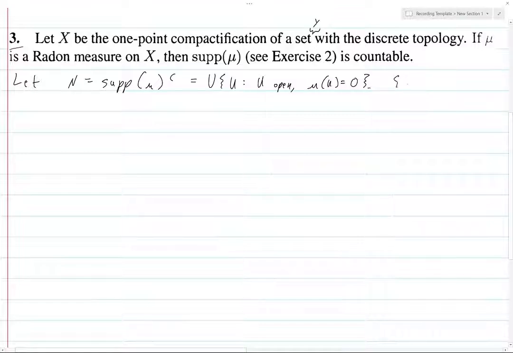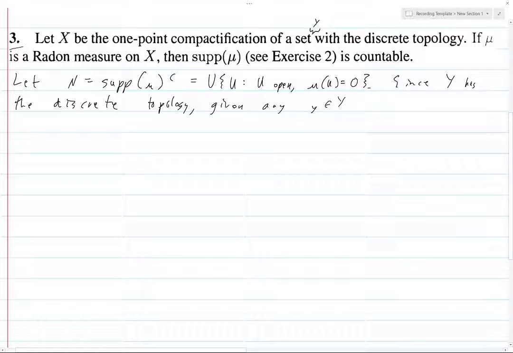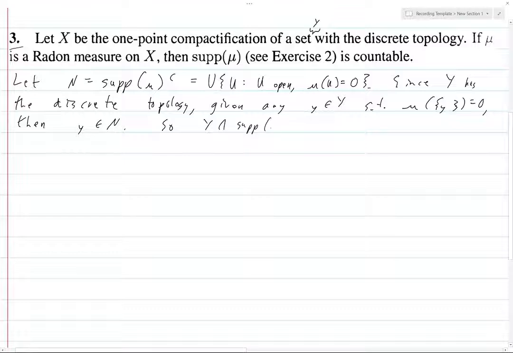Since Y has the discrete topology, given any little y in Y such that the measure of the singleton set {y} equals 0, then y is in N. So Y intersected with the support of mu must therefore be precisely the set of points y in Y such that the measure of the singleton {y} is strictly greater than 0, because otherwise it's in N.